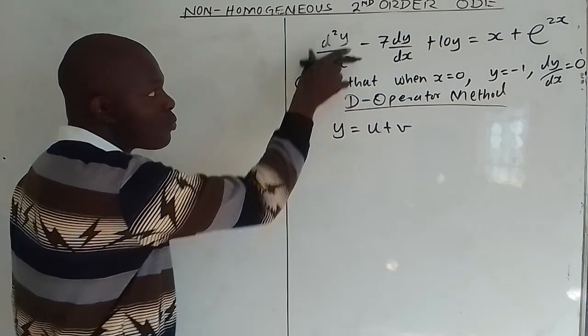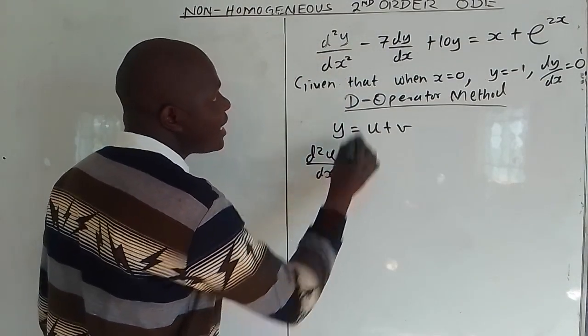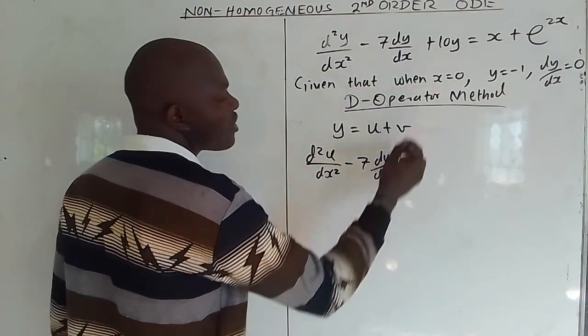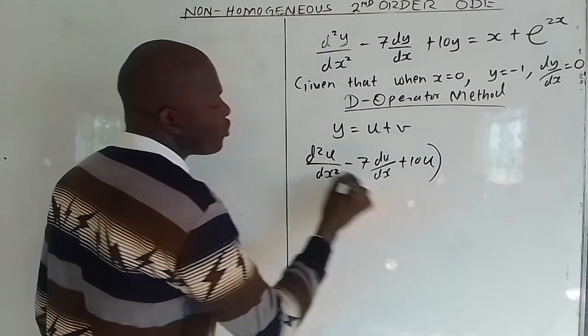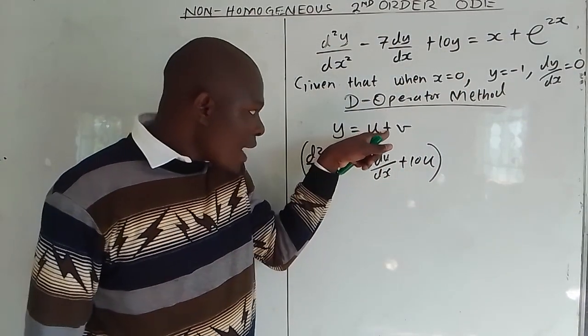So where there is y, when you put u, you are going to have d squared u over dx squared minus 7 du over dx plus 10u. So where there is y, we've substituted with u. Then it is plus.